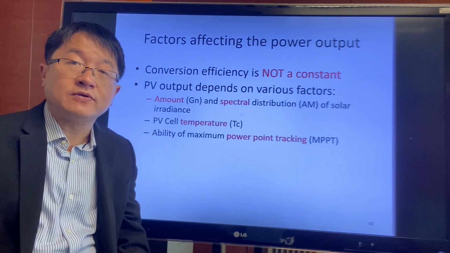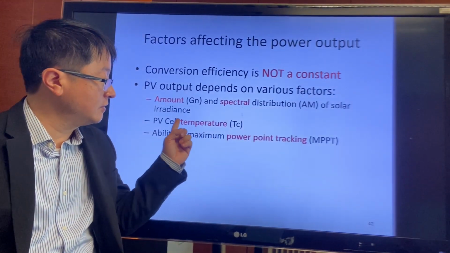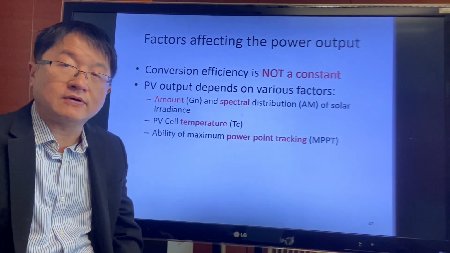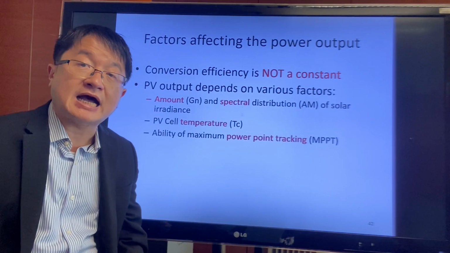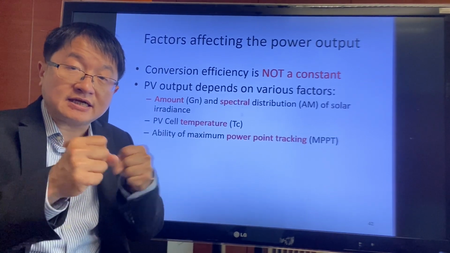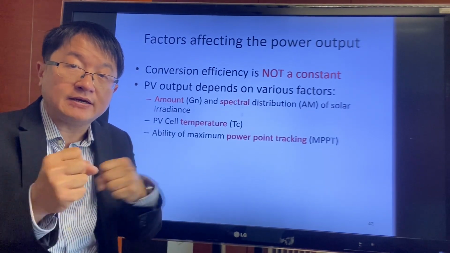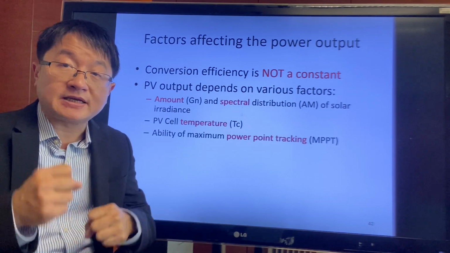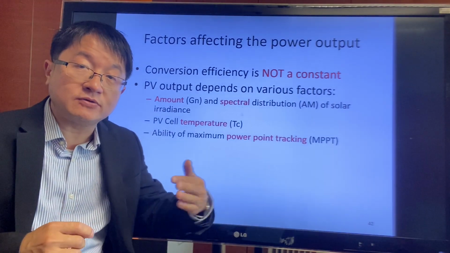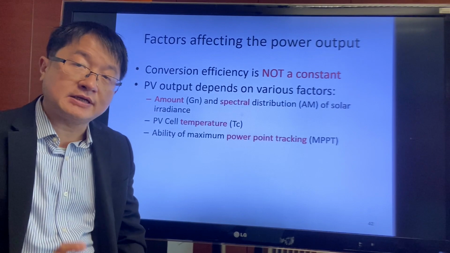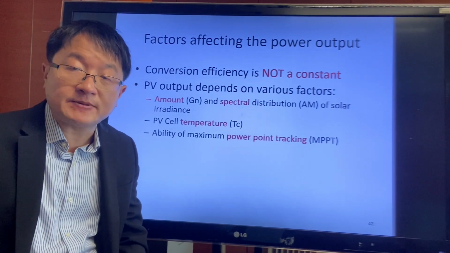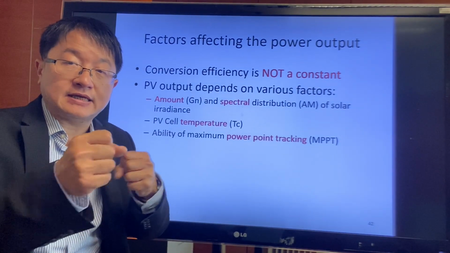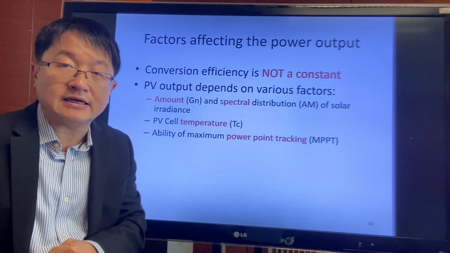As a rule of thumb, when the temperature of the PV cell or any semiconductor is higher, then the silicon atoms in this semiconductor will vibrate and move faster, and become obstacles for the electrons to pass through. So the electrons will pass through at a slower speed when the temperature of this silicon is higher.